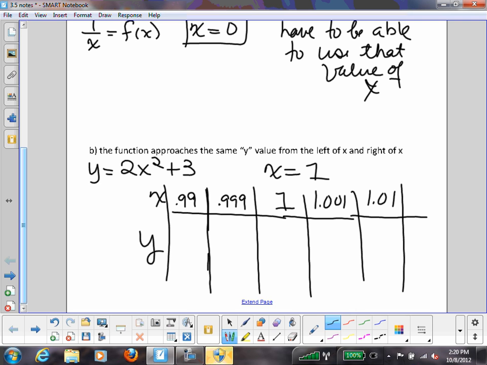And the y values that we get should be very close to the value when x is 1. Well, when x is 1, y is 5, because all we're going to do is plug it in. And we know that 1 is a usable value for x because it's not undefined.